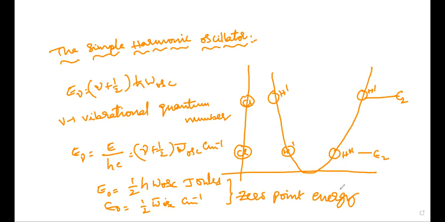This 0 point energy, from this equation, depends only on the classical vibrations, which I have already written: omega oscillation is equal to 1 by 2 pi into root k by mu, and the wave number is equal to 1 by 2 pi c into root k by mu. It depends on the strength of this chemical bond and the atomic masses.